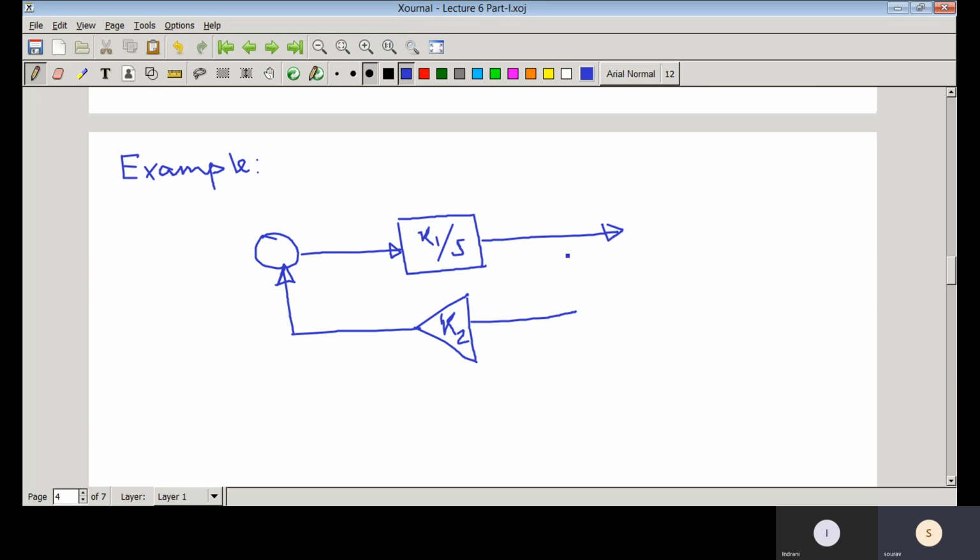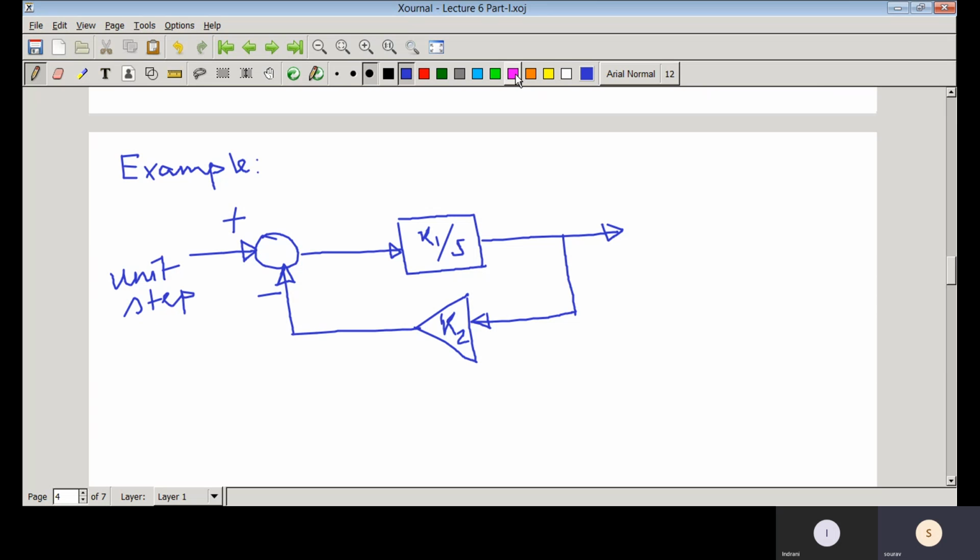Those blocks are available in Simulink. I would ask you to simulate it and see the response. Suppose you have used negative feedback and applied a unit step.